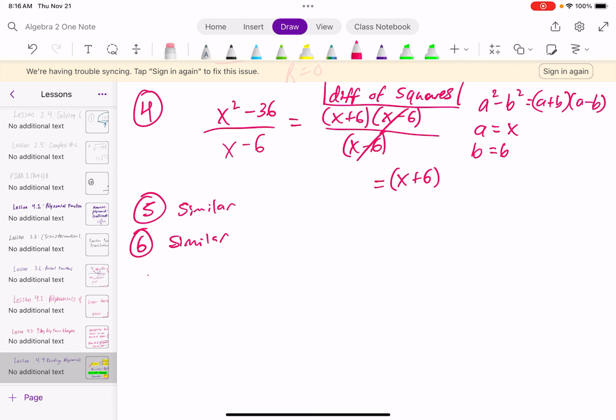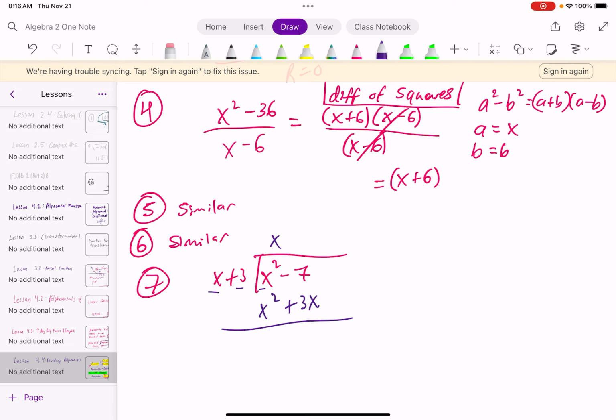So when you have x squared minus 7 divided by x plus 3, I know that x times x will give me x squared. Good, I copied it. And then x times 3 will give me 3x.